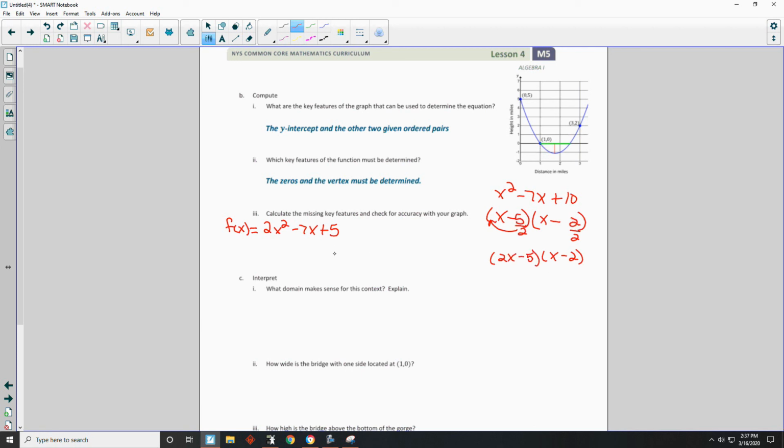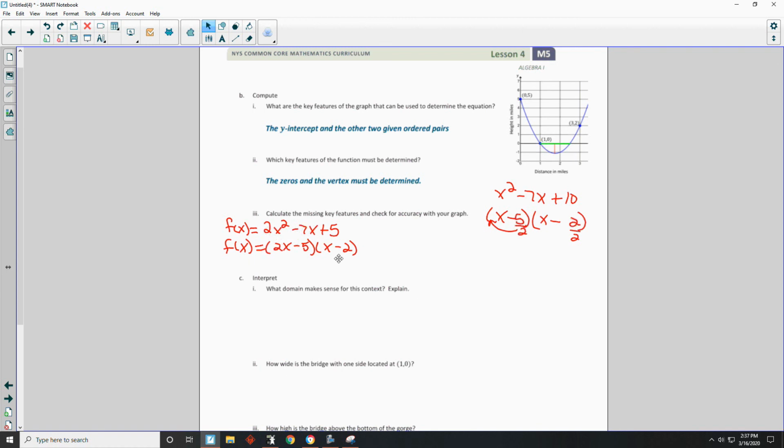So there it is factored. So we have f of x equals, and then I'll just bring this over, 2x minus 5 times x minus 2. Okay, so there's factored form.